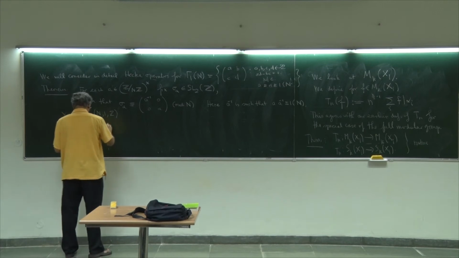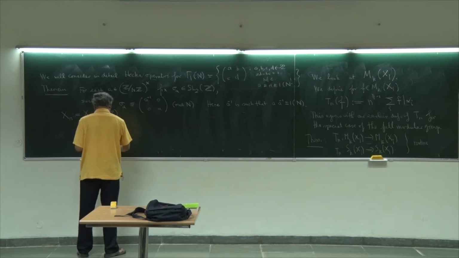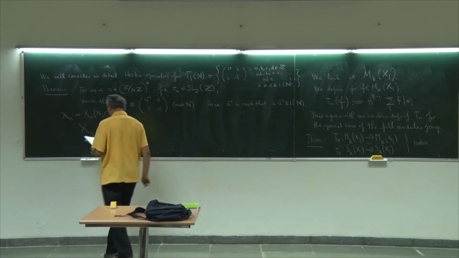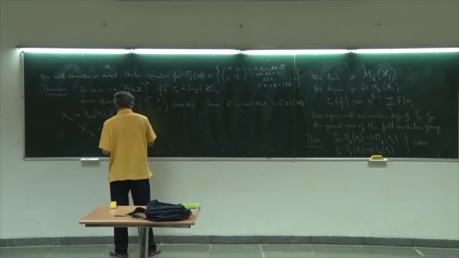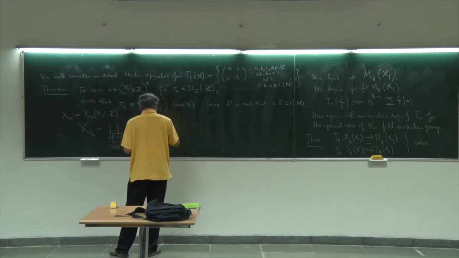Xn can be rewritten as the union over AD equals n, A positive, A and N relatively prime, B going from 0 to d minus 1, of gamma 1 of n, sigma sub A, times the matrix A, B, 0, D.